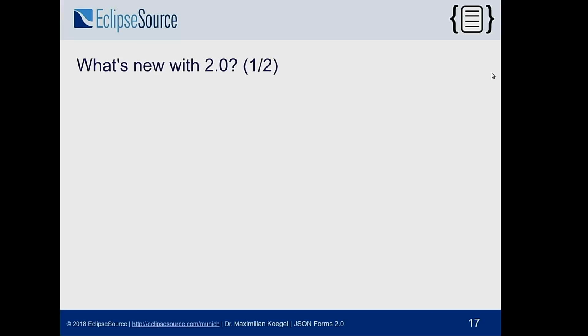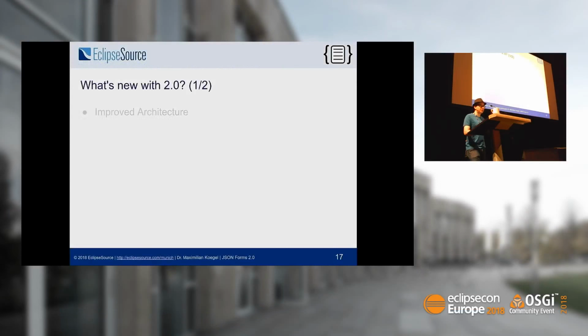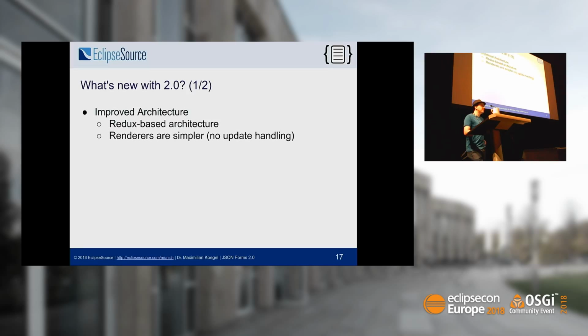Since I've promised to also talk about JSON Forms 2.0, what specifically happened with JSON Forms 2.0? We improved the architecture quite considerably. We have changed it to a Redux-based architecture. What mainly changes for you as framework users is that the renderers got really, really simple, like the one we've seen.